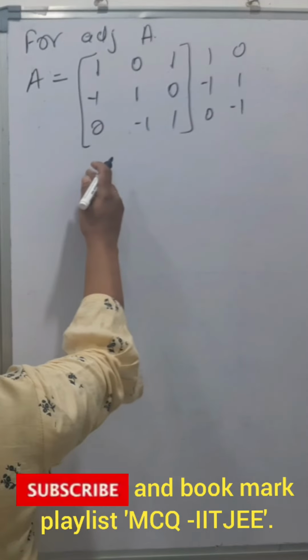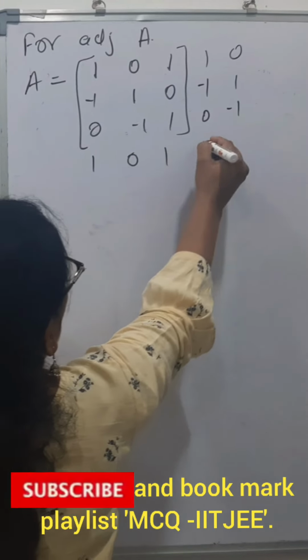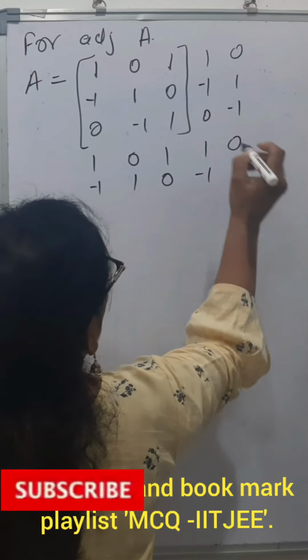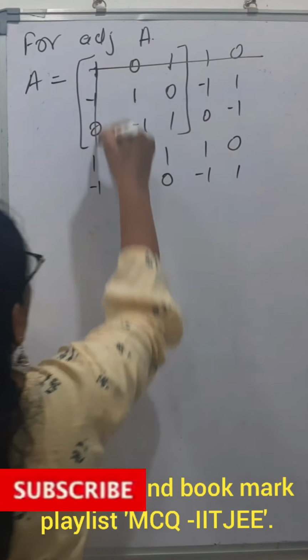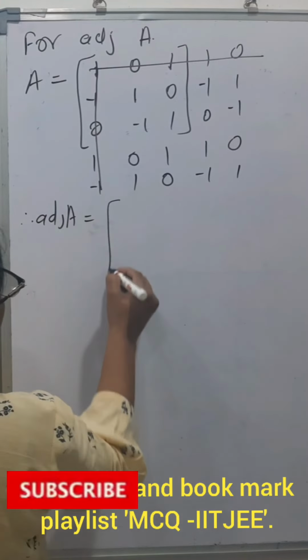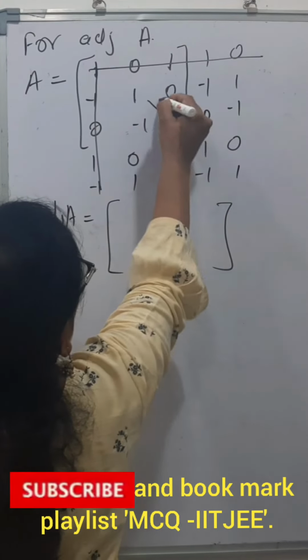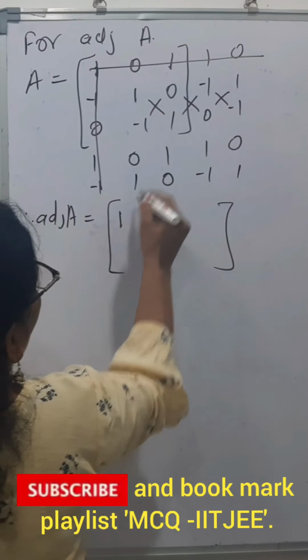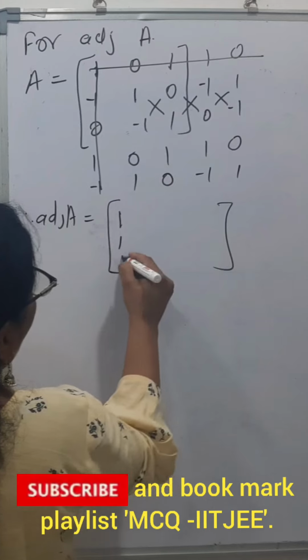Now repeat the first two rows: 1 0 1, 1 0 minus 1, 1 0 minus 1 1. Cancel the first row and first column, and therefore the adjoint of A equals, simply multiply in this way horizontally and write vertically. So 1, here also 1, and then 1.